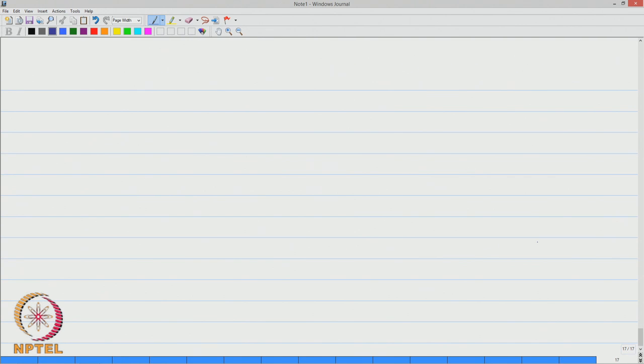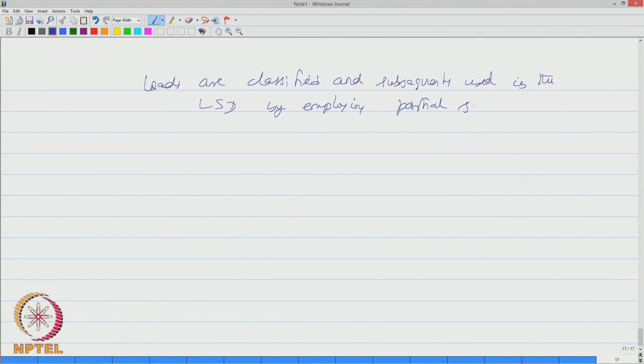So, we do agree that loads are classified and subsequently used in the limit state design by employing partial safety factors.